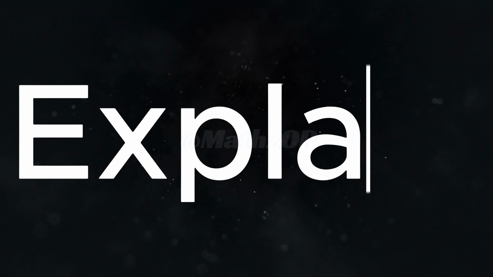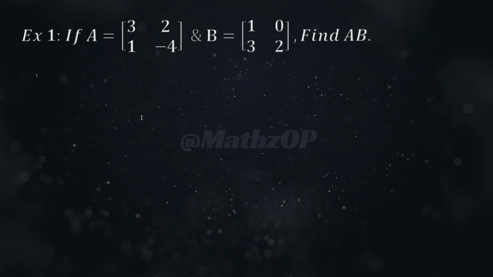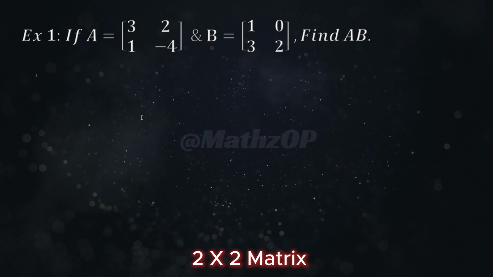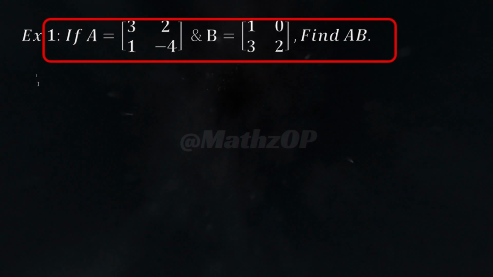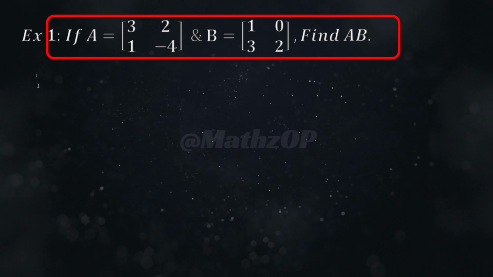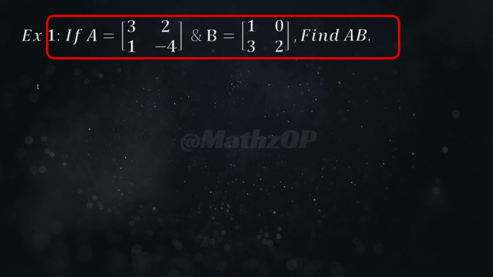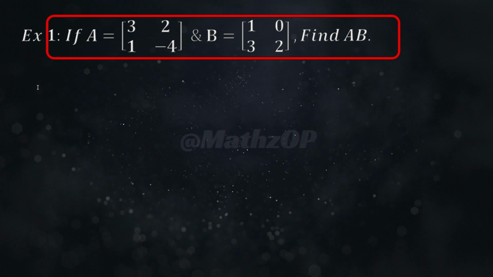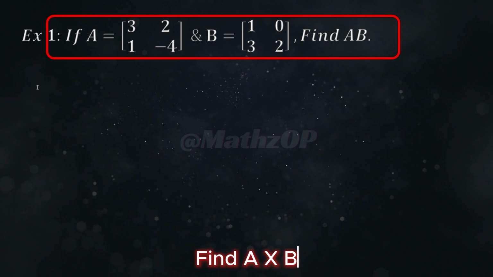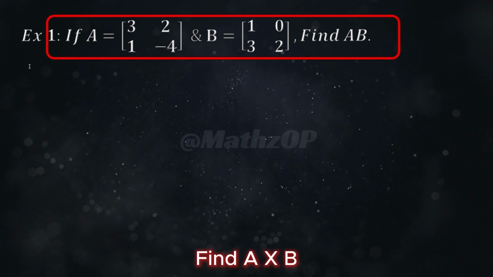Let me explain. Let us solve a problem on a 2 cross 2 matrix. If A is equal to [3, 2; 1, minus 4] and B is equal to [1, 0; 3, 2], find A into B. Let us see the solution.